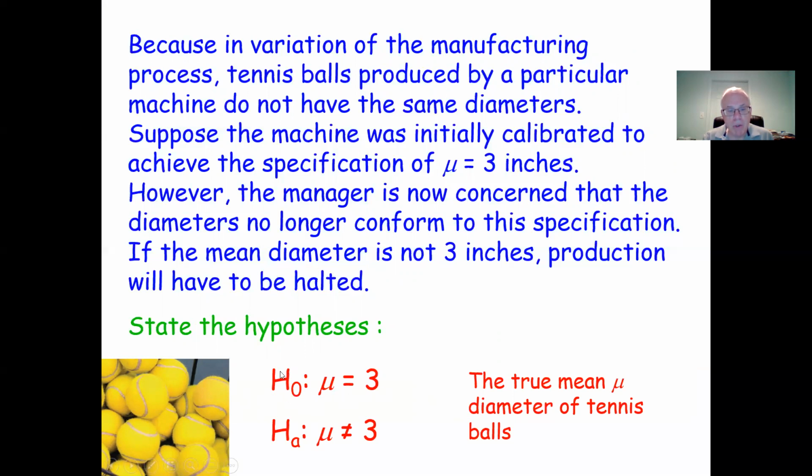Again, we write it exactly like this. Now, some students on tests leave out the mu. I don't know why, but since you're going to be taking your tests as multiple choice, there's not going to be that problem. So just know that it's mu is equal to 3, not p is equal to 3. The alternative, because it says not 3 inches, is mu not equal to 3.